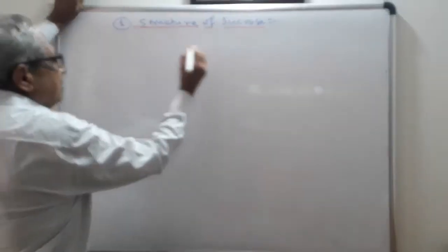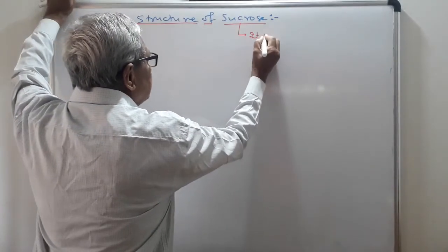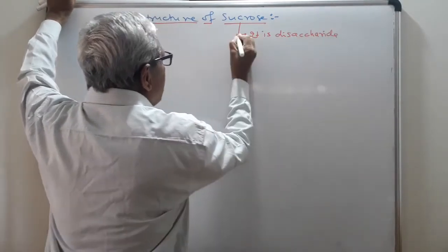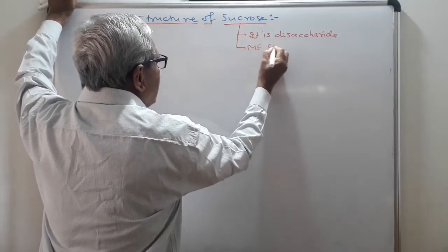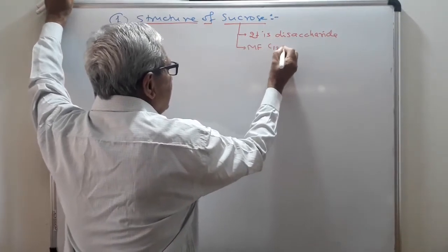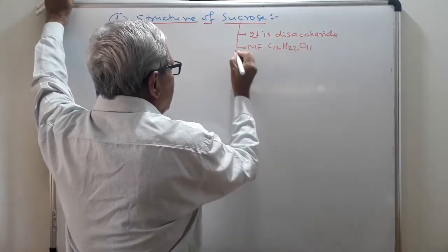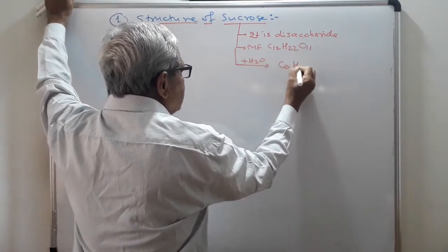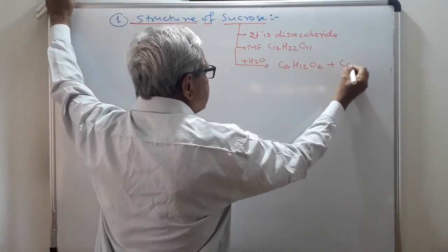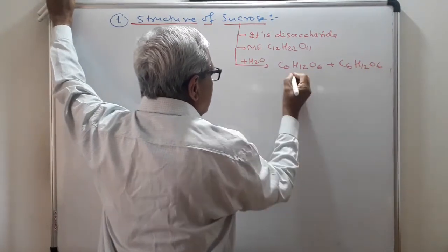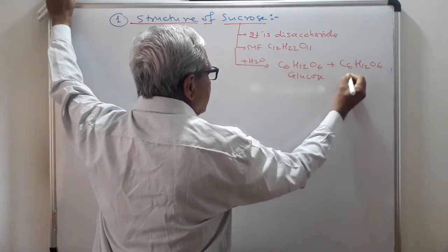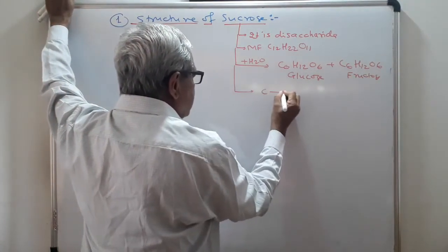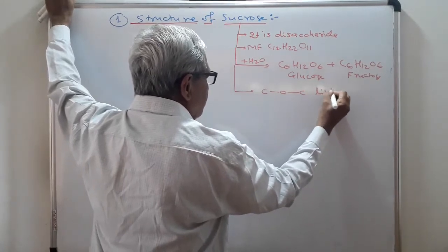First thing, it is a disaccharide. Second important point, it has a molecular formula C12H22O11. Sucrose on hydrolysis, addition of water, you will get C6H12O6 plus C6H12O6. One is glucose and the second is fructose. In this case, this COC linkage or COC bond is present.